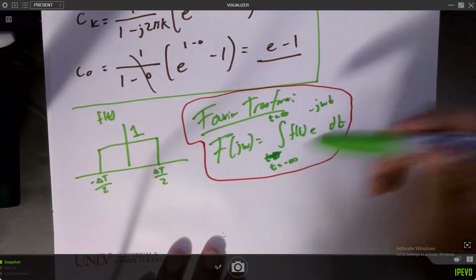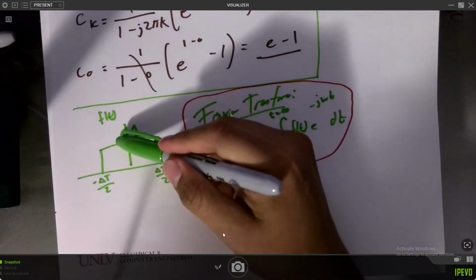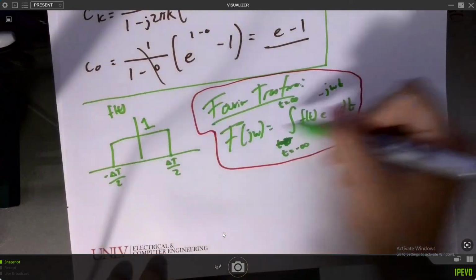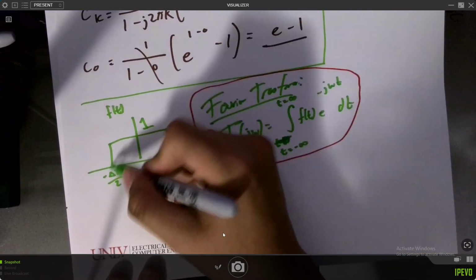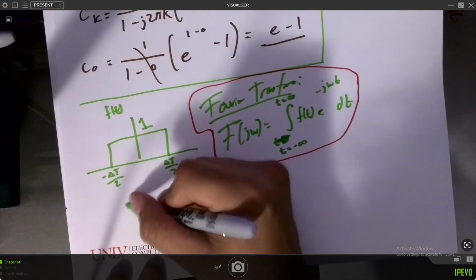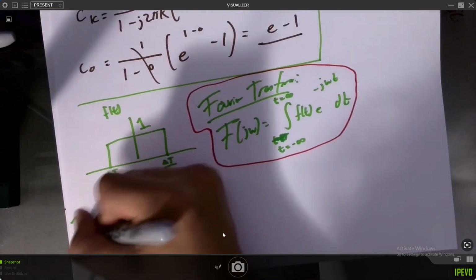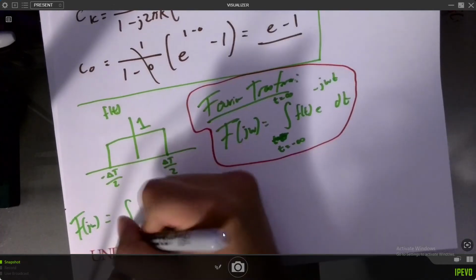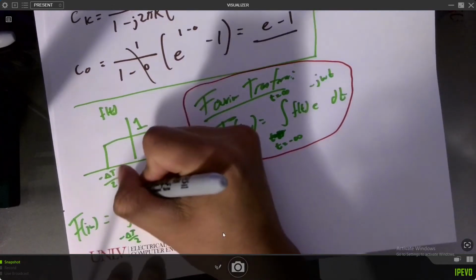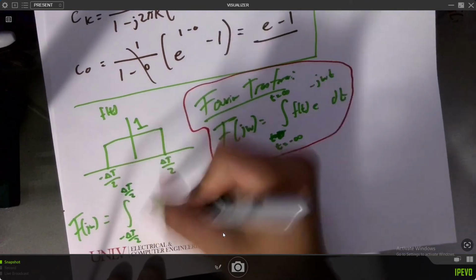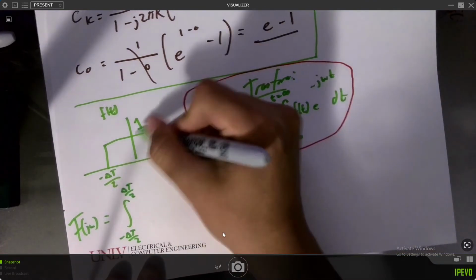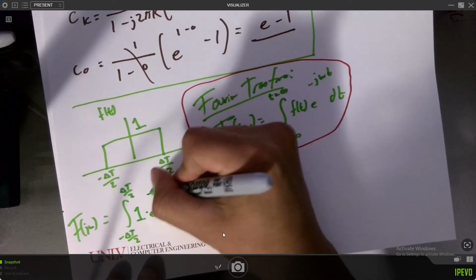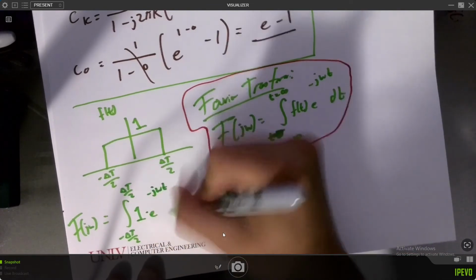So to find the Fourier transform of this happy little signal, all we gotta do is punch in your signal. Look at the time. We only exist for this. Therefore, your Fourier transform F of j omega is equal to the integral from minus delta t over 2 to delta t over 2 of 1, it's literally just a 1, times e to the minus j omega t dt.